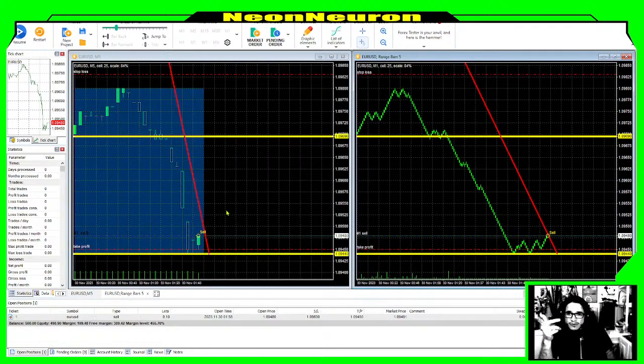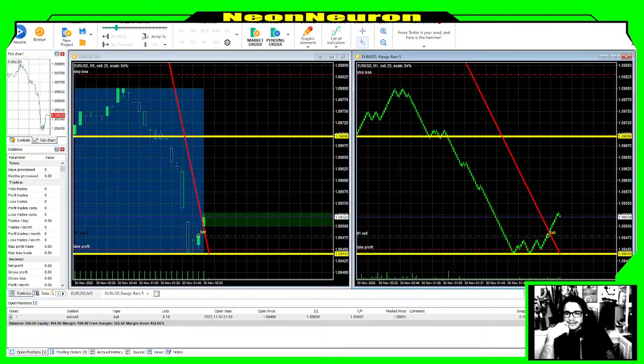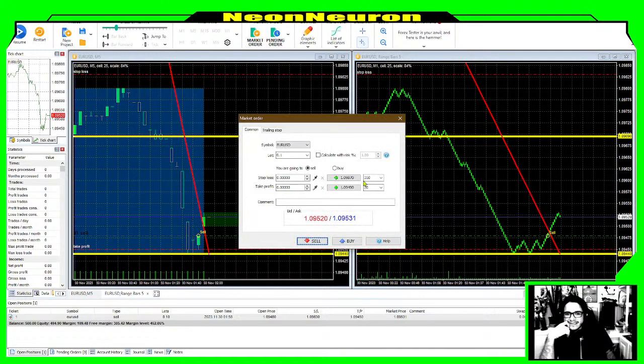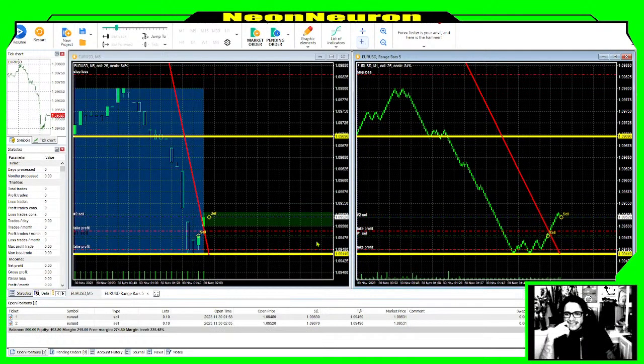And if it goes higher, we'll open another trade. Because oh, there it goes. Let's open another trade. Same deal. 0.01, we'll sell it. Okay, so now we have 2 trades open. We're expecting price to go down. That's why we're selling the bounce.